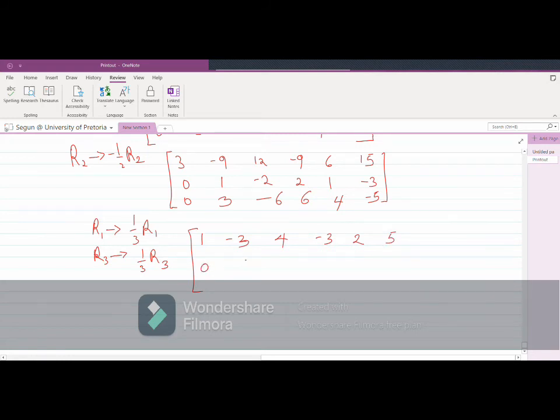So here is 0, 1, minus 2, 2, 1, minus 3. Here 0, 0, 1, minus 2, 2, 4 over 3, minus 5 over 3.